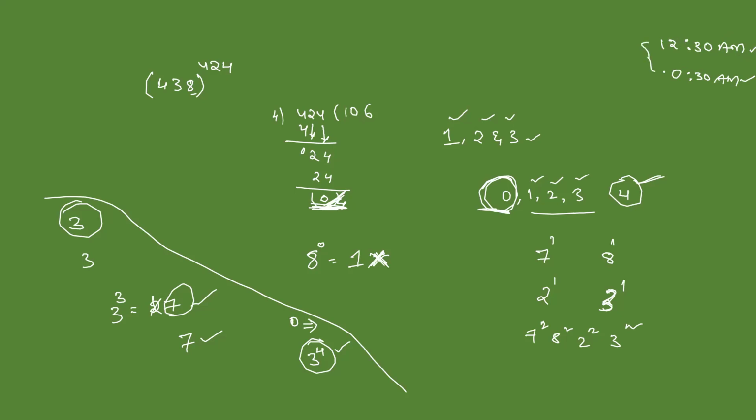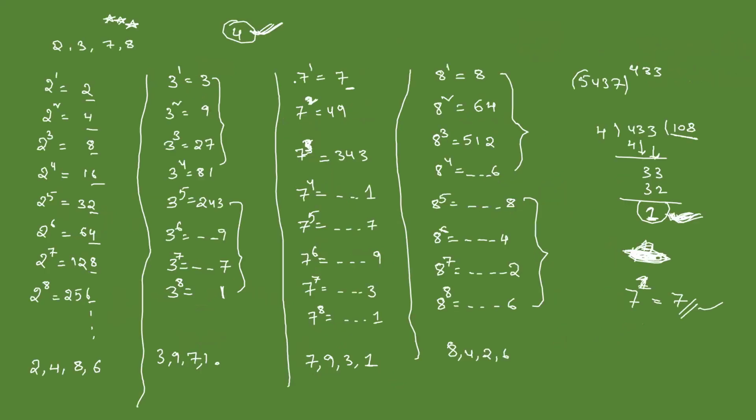Both 12 and 0 are the same in the clock. In the same manner, in the round robin process, why are we dividing with 4? These values are repeating for every 4 times. Like a clock, in the similar manner, 4th power or 0, both are the same.